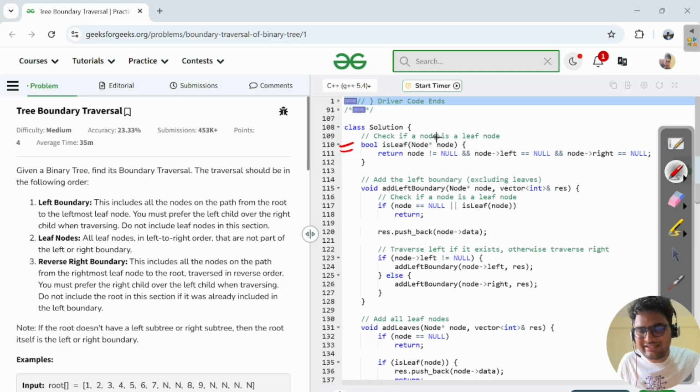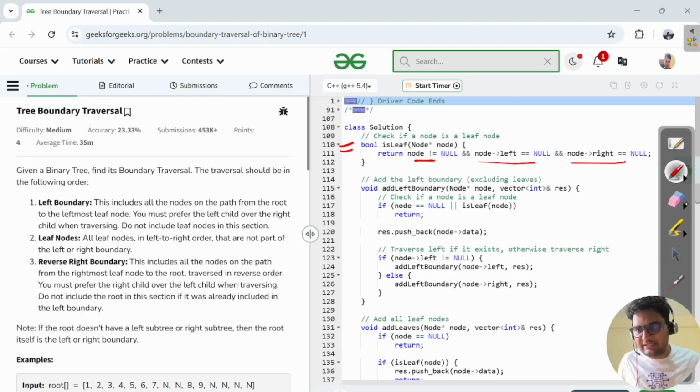It checks whether it is a leaf node or not, right? For a leaf node there is a simple condition: left node should be null and right node should be null, correct? And the node itself should not be null, correct? That is why I have added these 3 checks here. So if left and right are null, then that node is considered a leaf node.